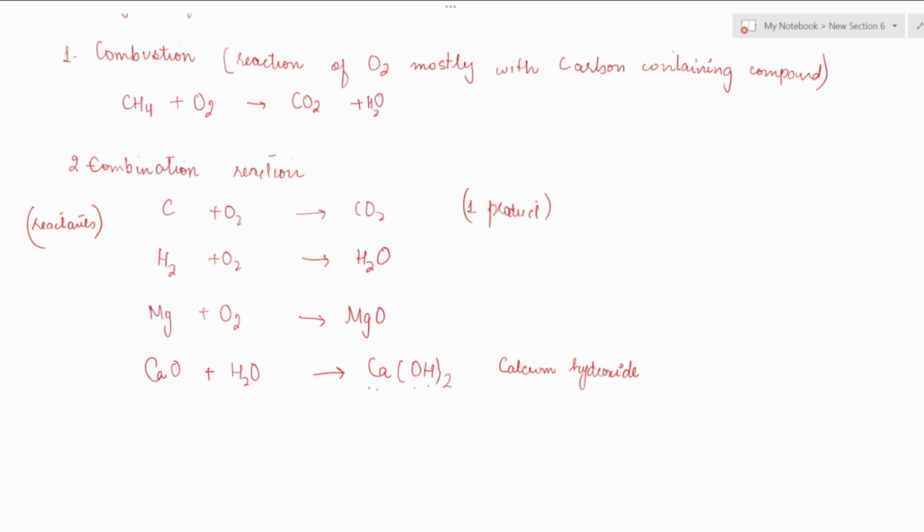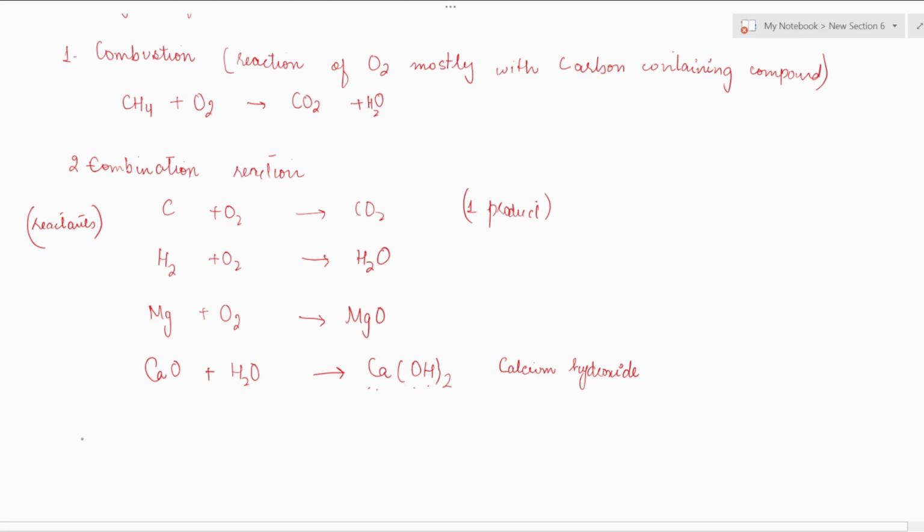The next type is the decomposition reactions. The name indicates it. What do you get from this name? Decompose means breakdown.